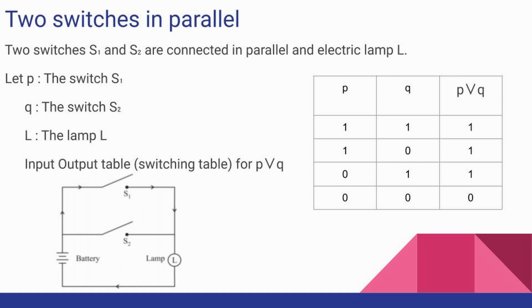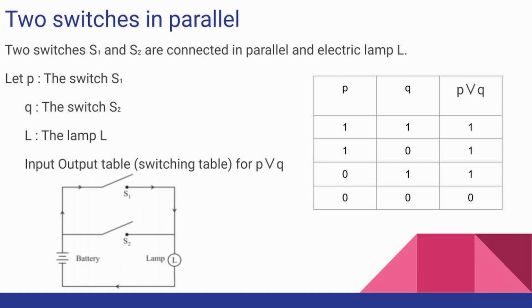In the first column we have P, in the second column Q, and in the third column P or Q. For P we take 1 1 0 0 and for Q 1 0 1 0. So P or Q is 1 1 1 0.